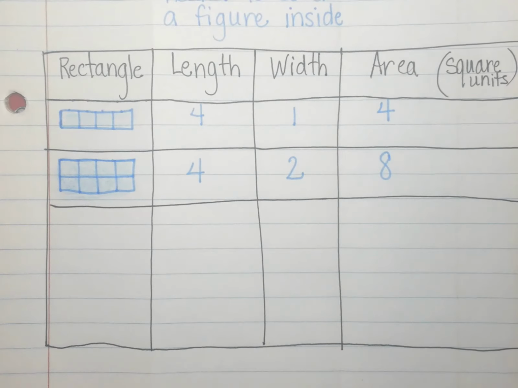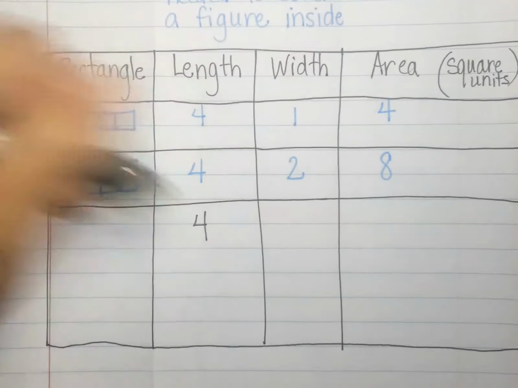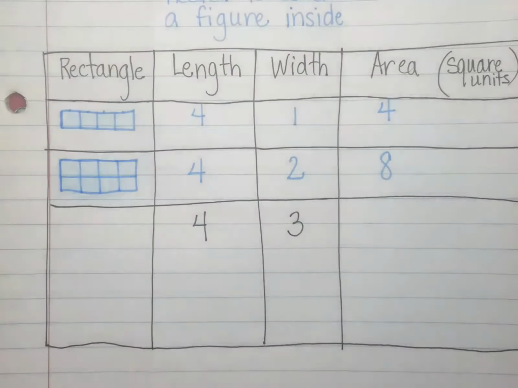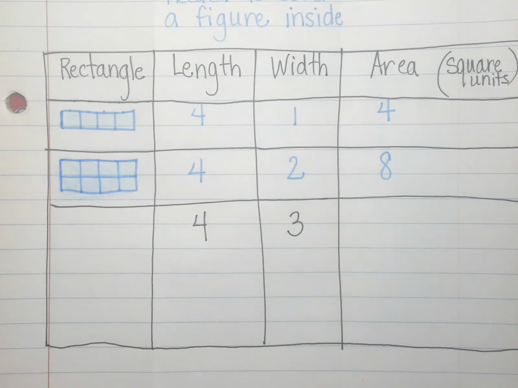Okay, this time around, I'm going to give you some information and you have to draw the unit squares. They're a lot like an array. The length is 4 again. The width is 3. You have that information to work with. I'm going to give you some time.